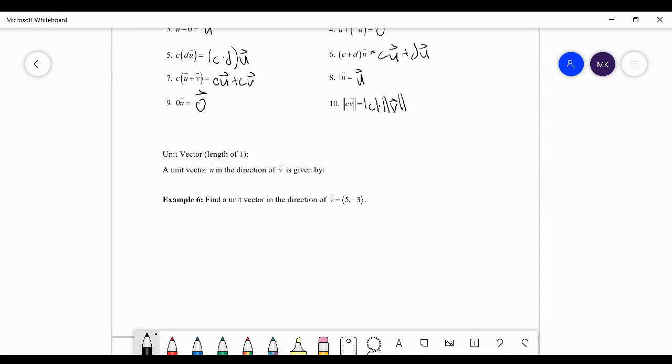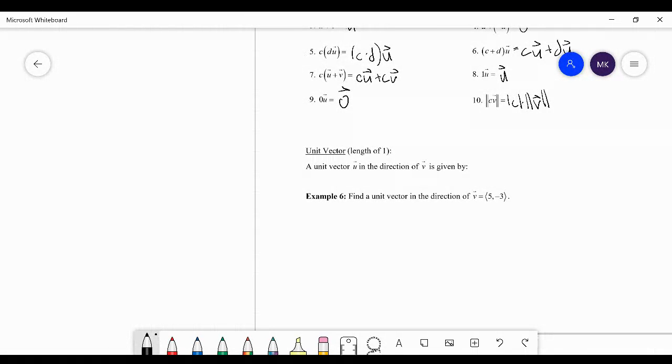A unit vector is just like the unit circle in our previous lessons, very important. Unit vectors are very nice to deal with because their magnitude is 1. So how can I make it so that I have the same direction, but my magnitude is 1? Well, this really simply relies on 10.